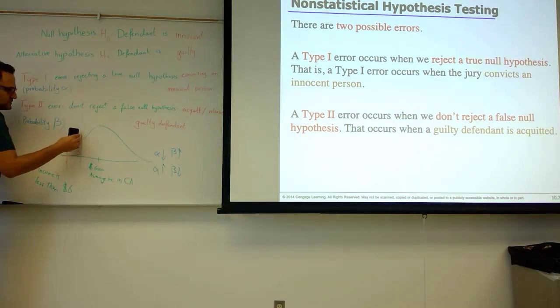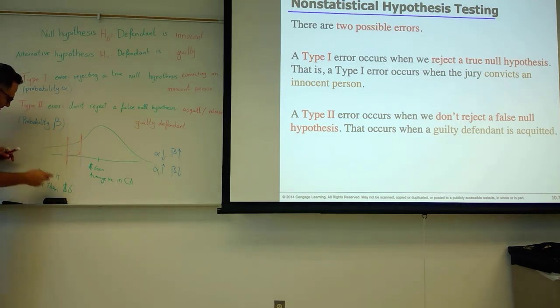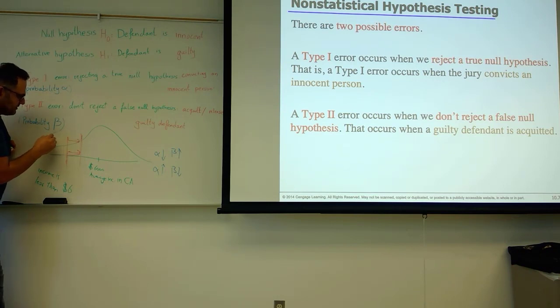So let's think about it a little bit. Maybe you pause the video and think about why chances are now higher, by shifting this limit from the left to the right, that we run into a type 2 error. Okay, so let's assume income in California is less than $6,000 per month, let's say it's $3,000 per month.